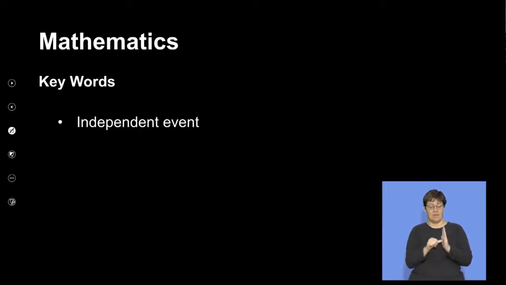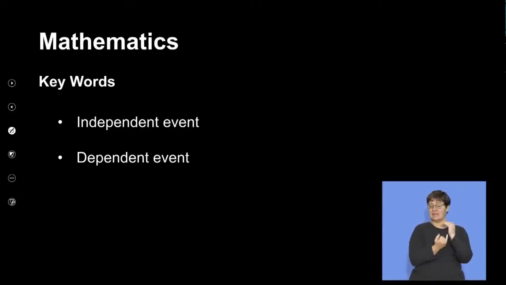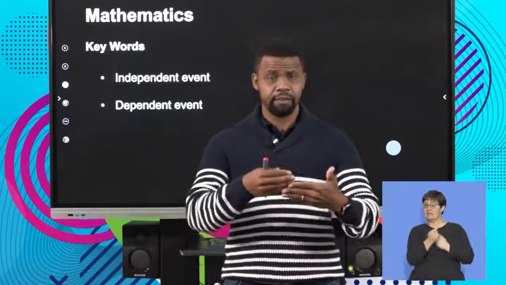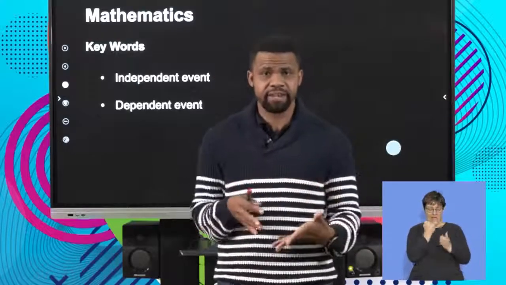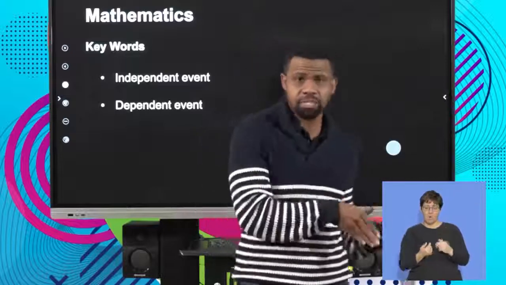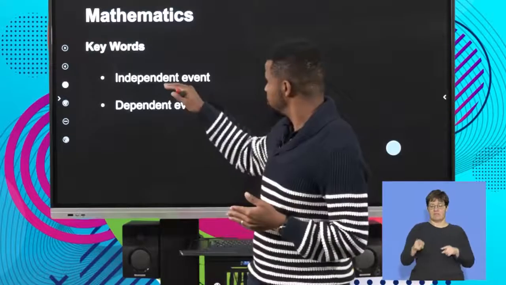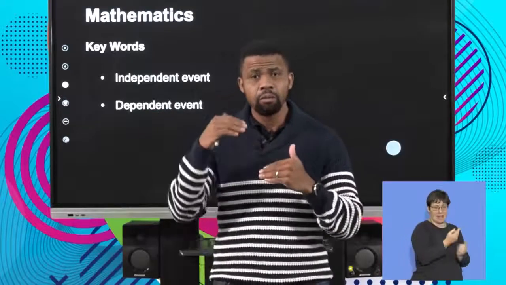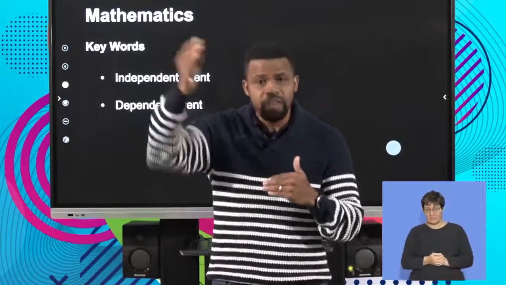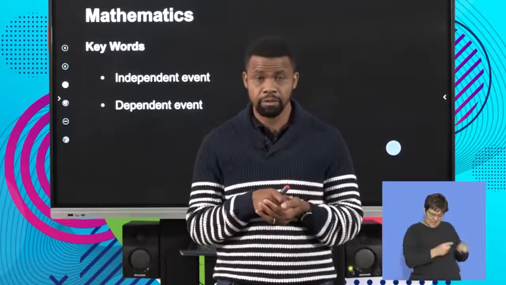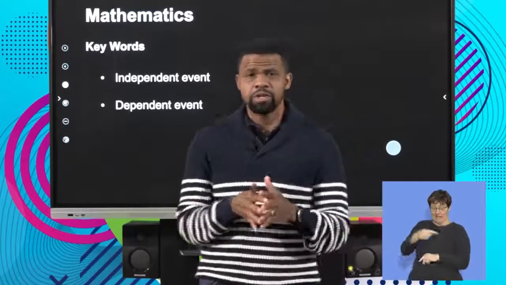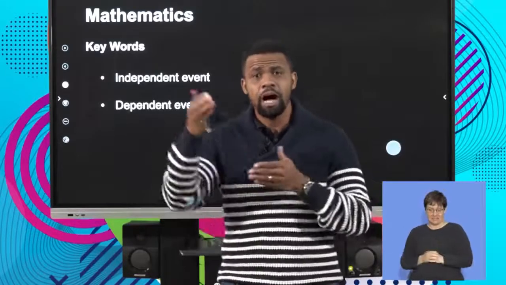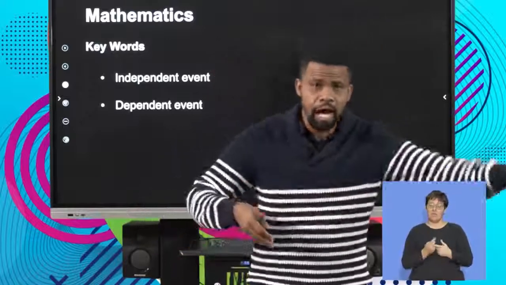Some of the keywords are also independent and dependent events. Independent comes from being independent as a person. Dependent depends on something. Dependent events will depend on the other outcome. Are we all together? So in probability, some outcomes are affected by other outcomes.